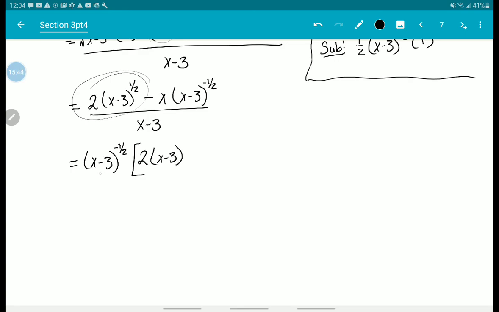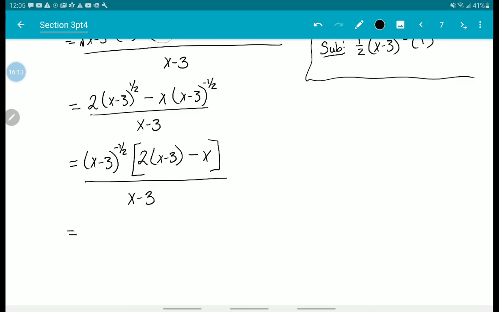If you think about redistributing, when I distribute that (x minus 3) to the negative 1/2 times (x minus 3) to the 1, we would add those exponents together, and that would give us that positive 1/2 back. And then we pulled all of those out of that second term. So we just have a minus x there.